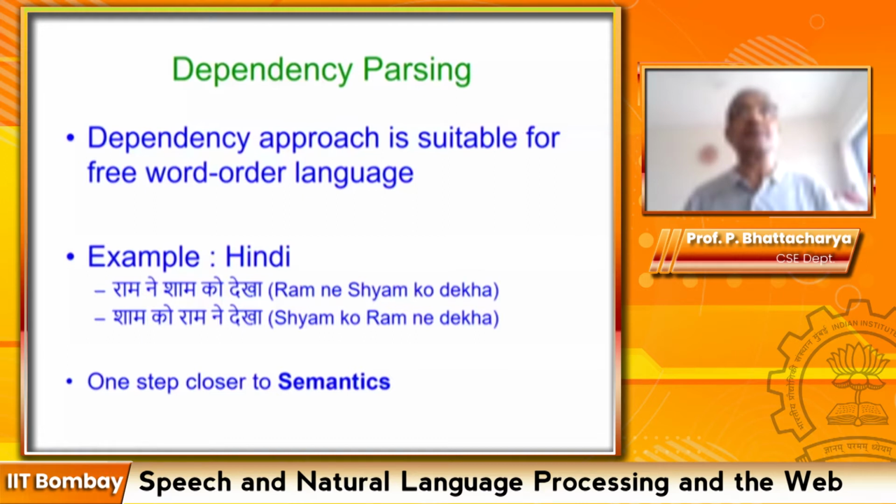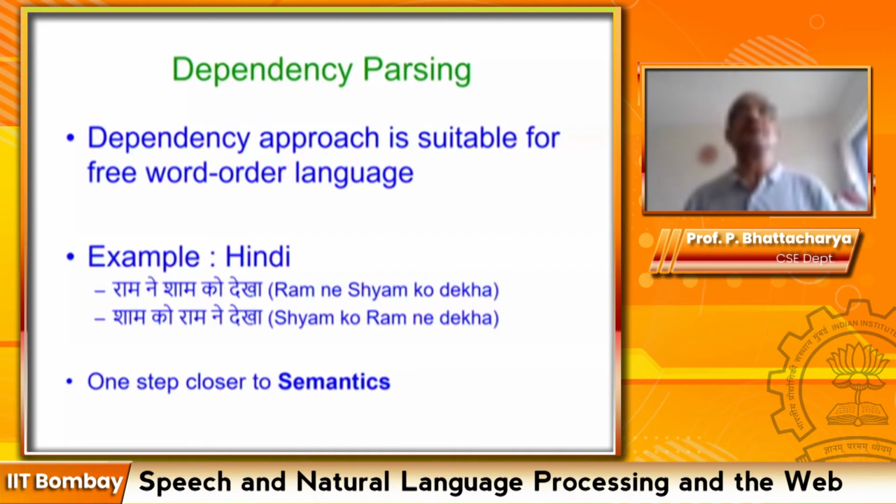Since these markers are sitting on the words, I can take liberty with their ordering. I can place them anywhere, but still the meaning will be conveyed. But when I say Ram saw Sham, I cannot take liberty with the word order because then the meaning will change. If I interchange the position of Ram and Sham, then Sham becomes agent, Ram becomes object.